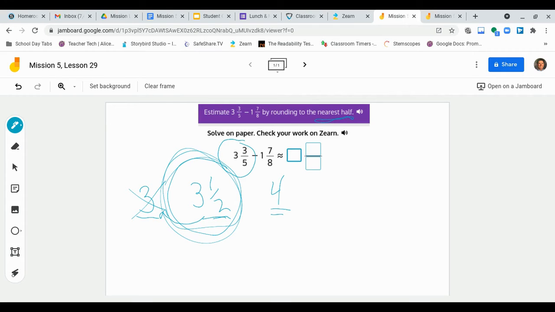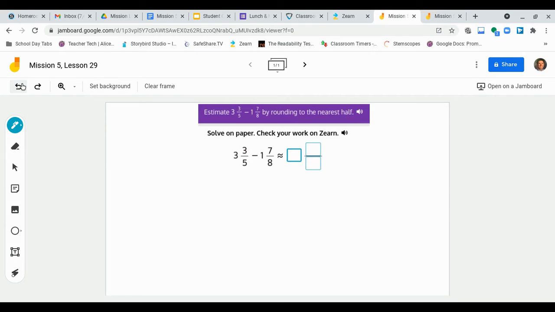Now I'm going to look at the same thing with 1 7/8. I know that I just rounded the first number to 3.5, and now we're going to look at 1 7/8. My choices are either going to be 1, 1.5, or 2 wholes. So in this case, I'm going to look at 7/8, and is 7/8 more or less than a half? 7/8 is more than a half, because half in eighths would be 4/8.